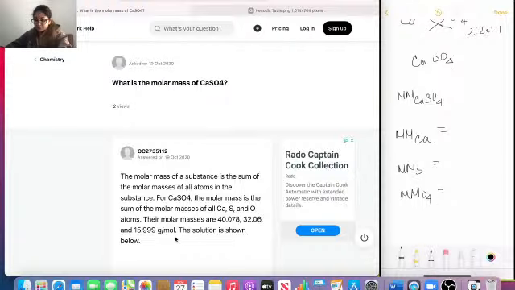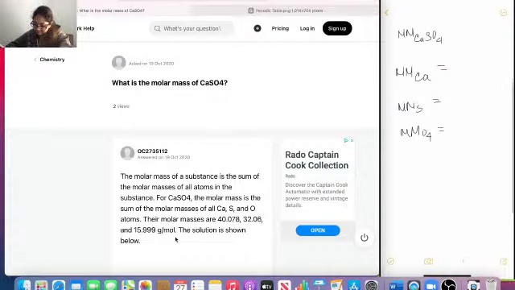Okay. So to find the molar mass, this is basically the same thing as your atomic mass unit of the elements. If you recall, atomic mass is equal to number of protons plus number of neutrons, right?